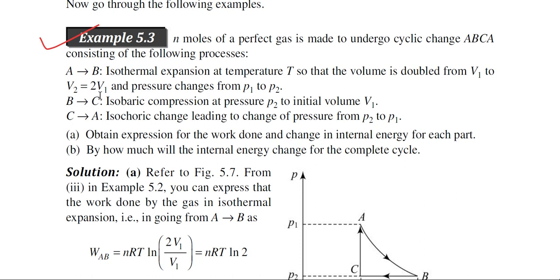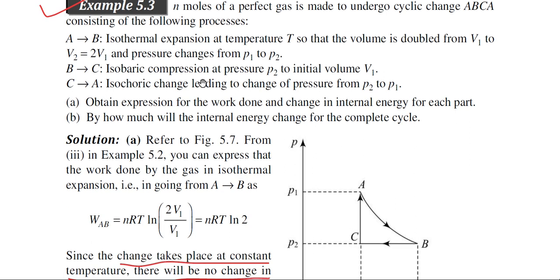As the volume is doubled, the final volume V2 is at stage B, because the process goes from A to B. At stage B the volume becomes double the initial volume, and the pressure changes from P1 to P2. So this is an isothermal expansion. You have to note carefully what type of process this is.